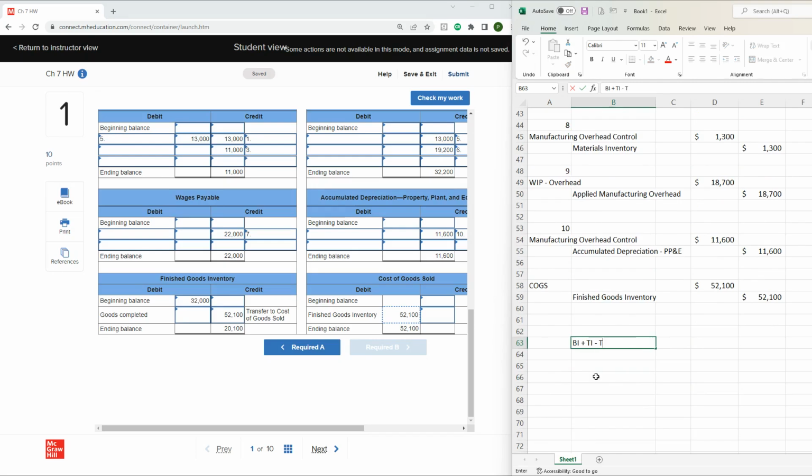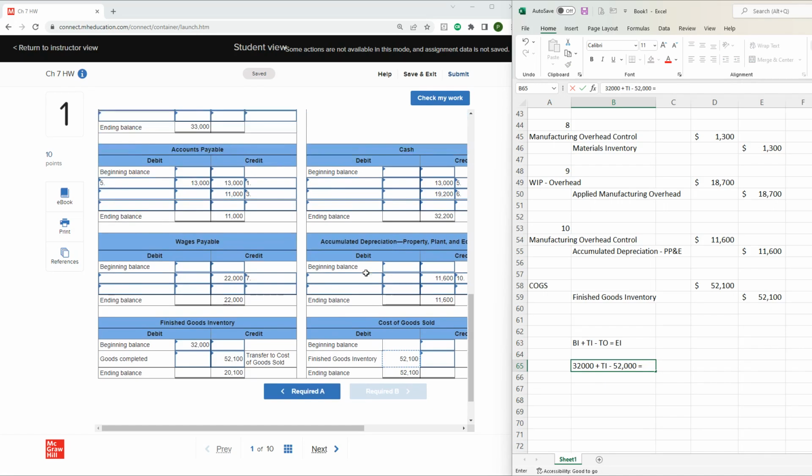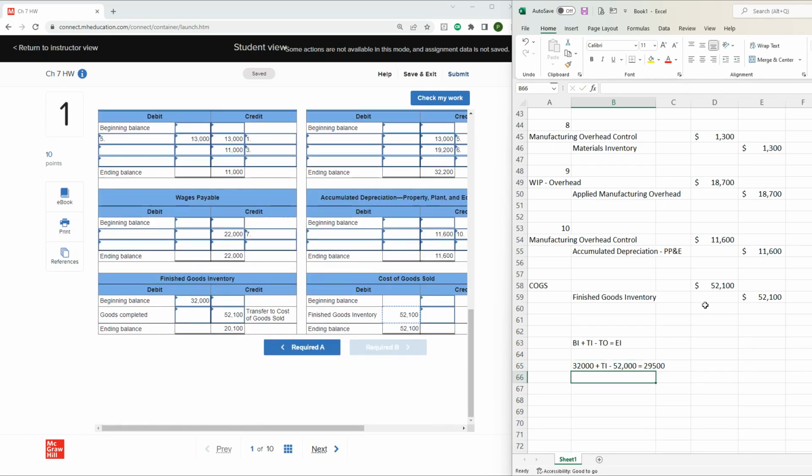We don't know how much was transferred in from work in process, but we know that there was $52,000 transferred out, and we know that our ending balance is $29,500. So if we do the math and we move the $52,000 and the $32,000 over to the right side, we get $29,500 plus $52,000 minus $32,000.